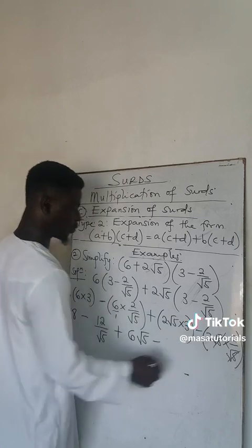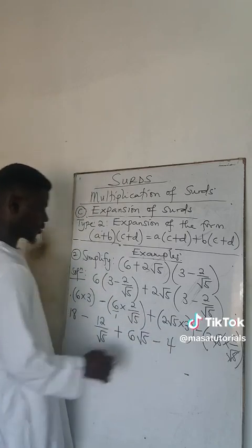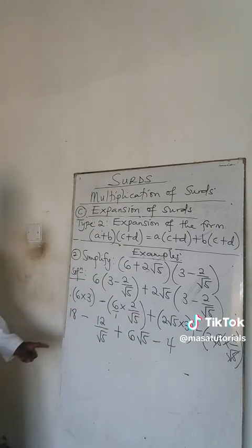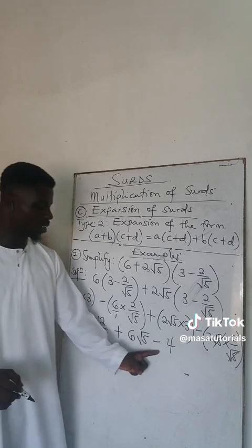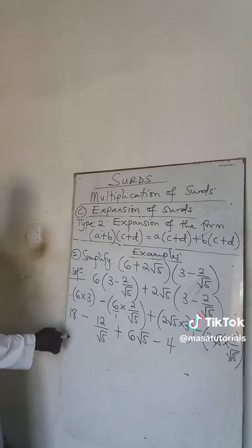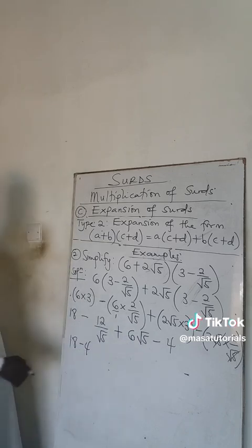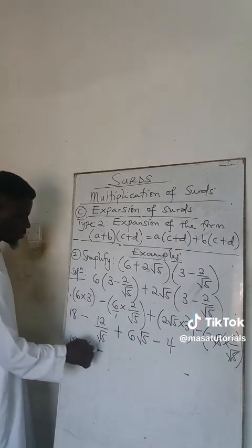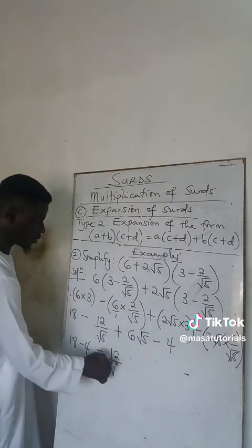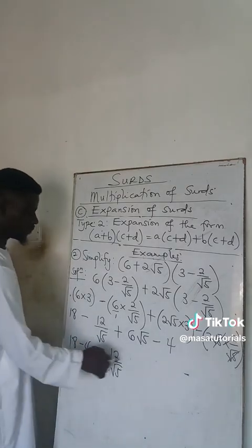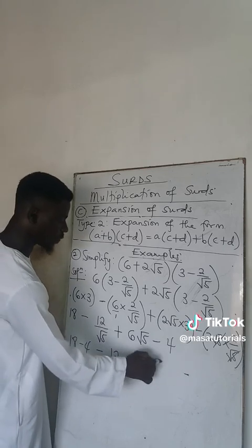Now 2 times 2 is 4. It's 4. Now 18 minus 4. Then minus 12 over square root of 5 plus 6 square root of 5.